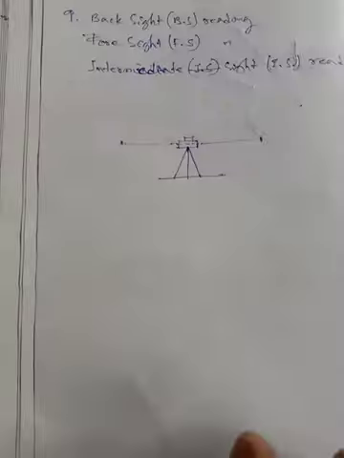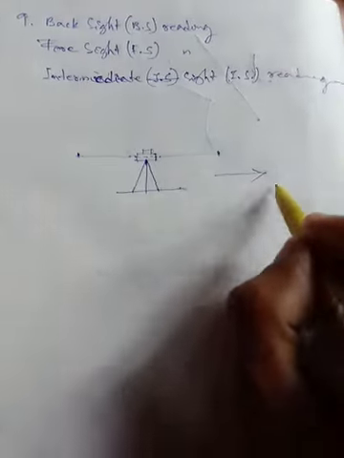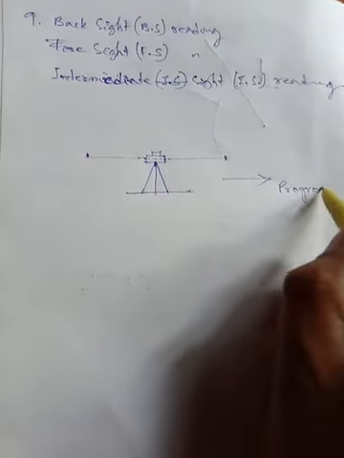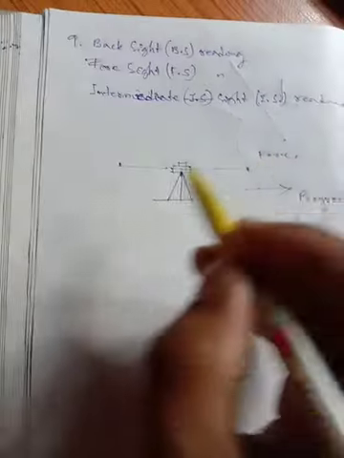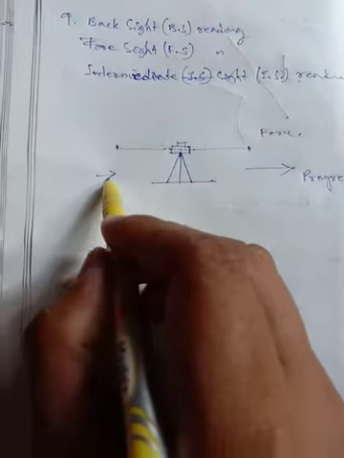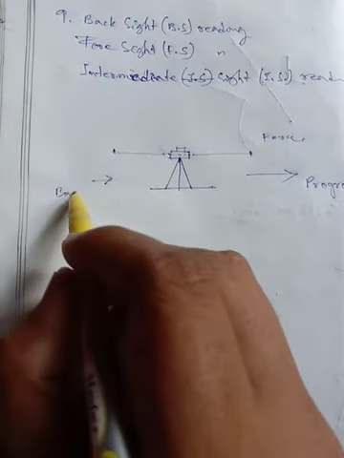Always remember that the side towards which your work is progressing is taken as your foresight, and the side from where the work is progressing is taken as backside.